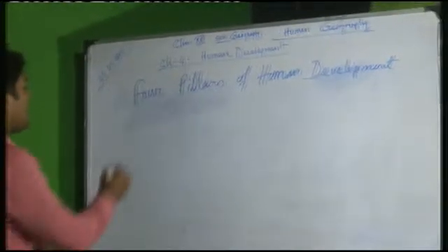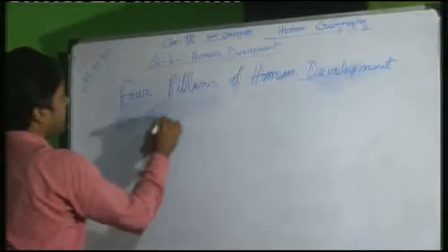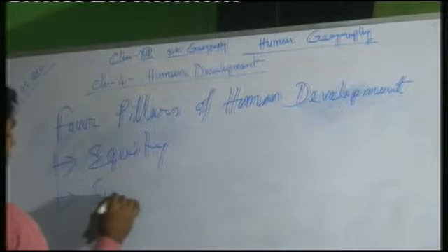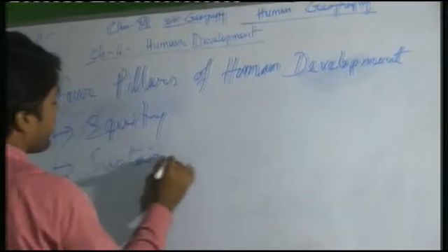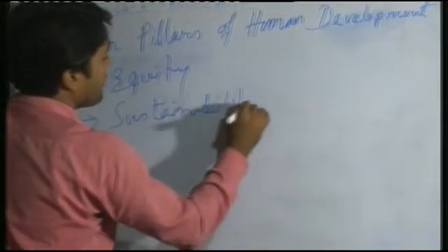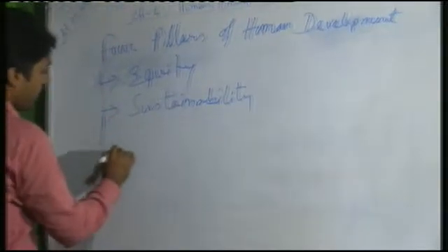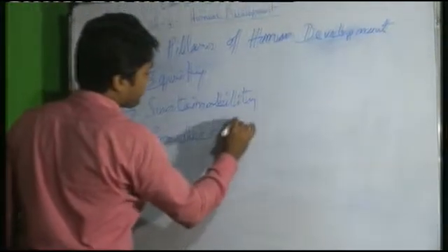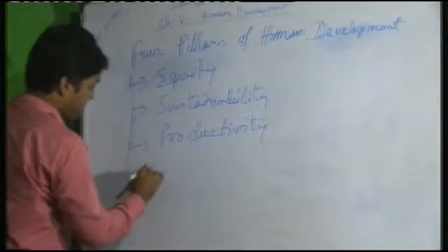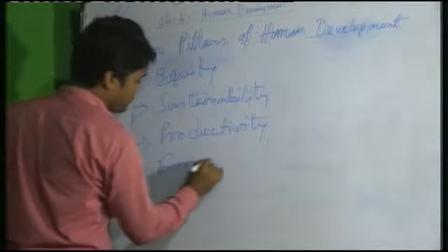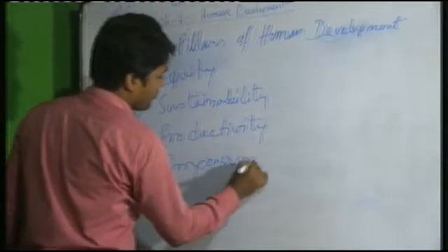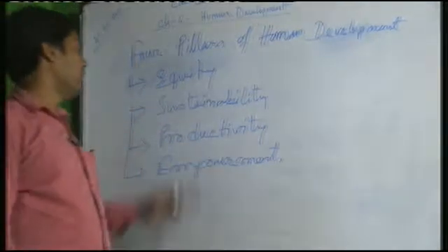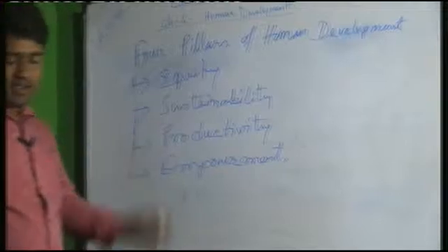These four pillars are equity, sustainability, productivity, and empowerment. These are the four pillars of human development: equity, sustainability, productivity, and empowerment.